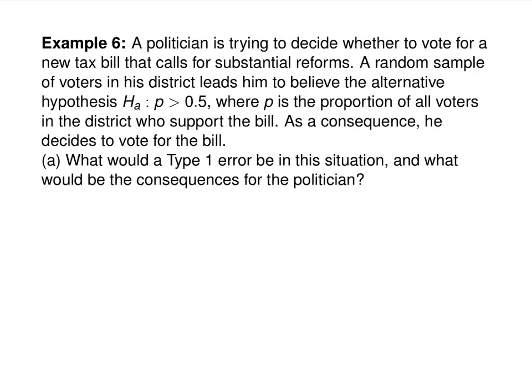Okay, so type 1 error means H naught is true, right? And what would H naught have been in this case? If HA is that the proportion who support the bill is bigger than 50%, what is H naught? It is less than or equal to 50%. So p is less than or equal to 0.5 in reality.